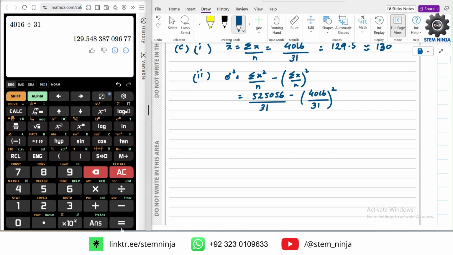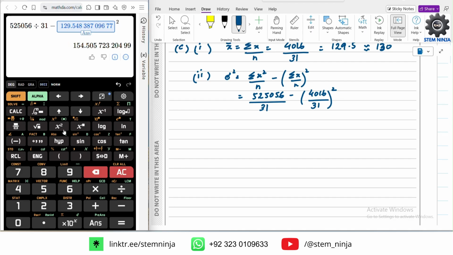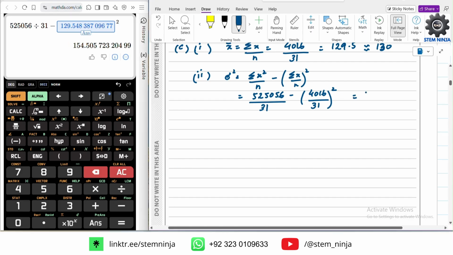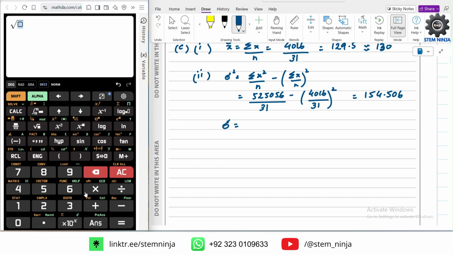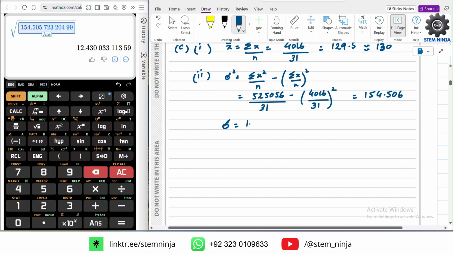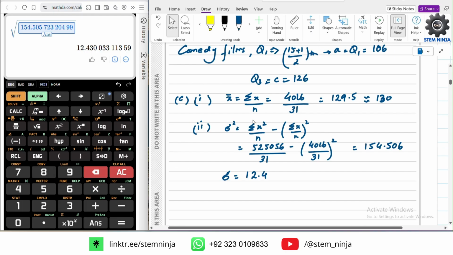Let's calculate this. That is our variance, 506. Since we need the standard deviation, this would be the square root of the answer, 12.4.